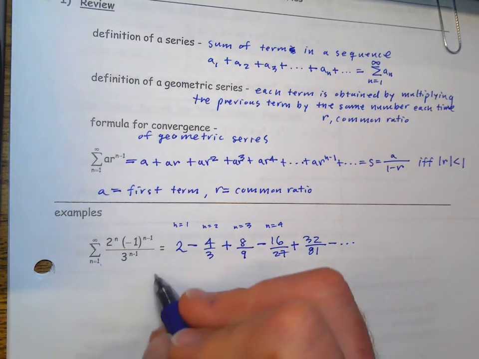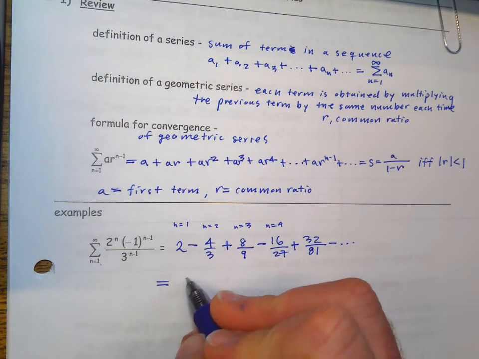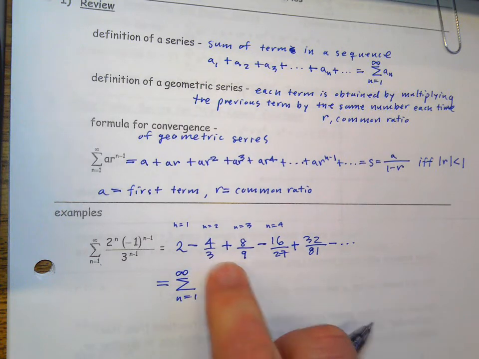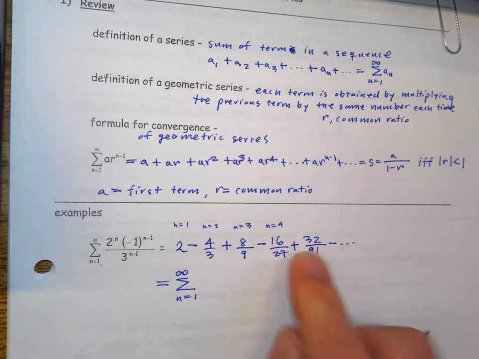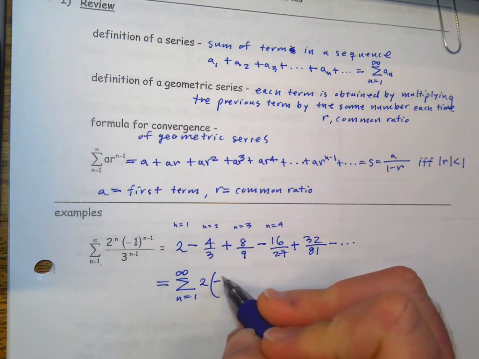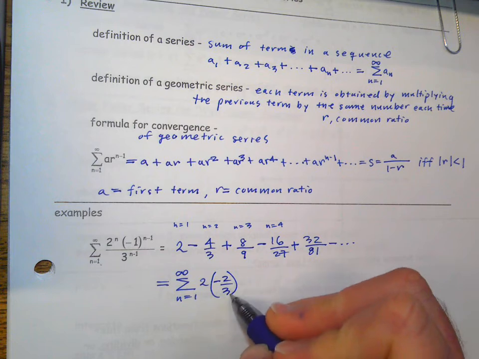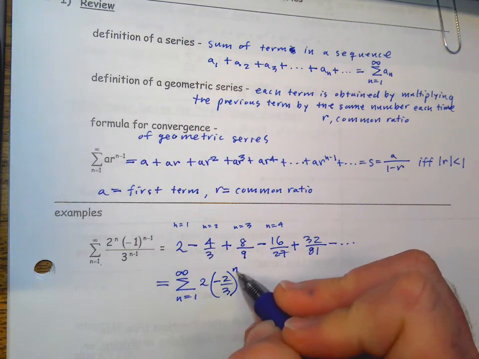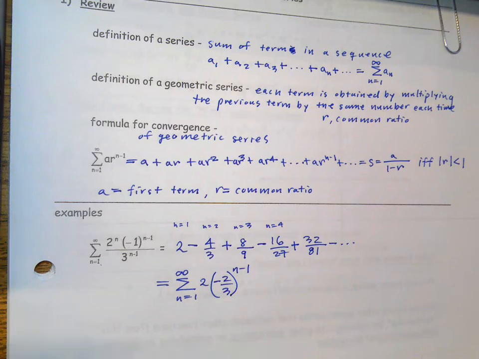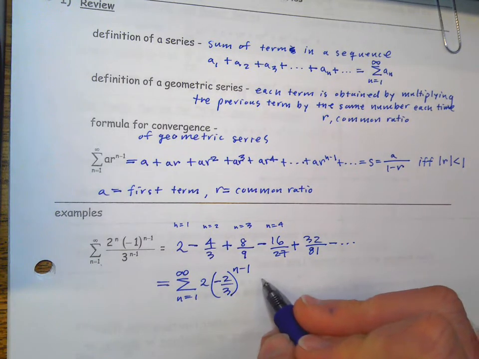Now, we could maybe write an easier to understand closed form, because this is a geometric series. The first term is 2. Each next term gets multiplied by negative 2/3. Going to raise it to the n power. The first time we don't want it, so it's going to be n minus 1. That's the same thing. Now, we could write it another way.